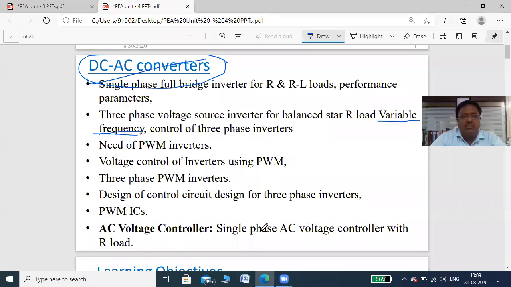So the inverter is a circuit which converts DC into AC for fixed or variable frequency with a fixed voltage, right? Even you can have a variable voltage, but the most important is variable frequency, because the three-phase supply available with us has a constant 50 hertz frequency, right? So you cannot change that frequency.